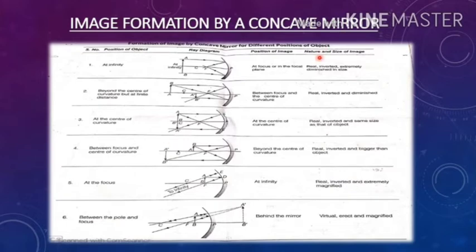Its nature is real, inverted, and the size is bigger than the object. In the third case we studied that it is of the same size, but real and inverted.